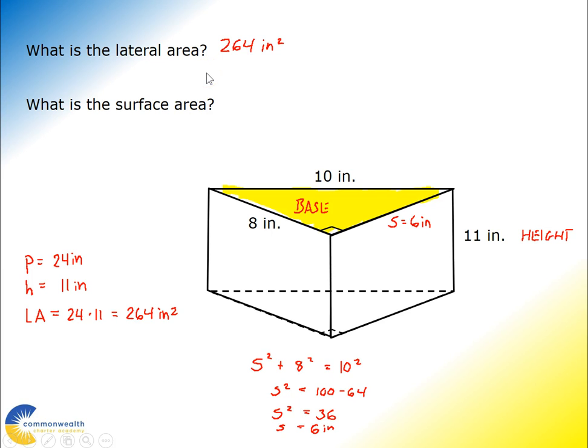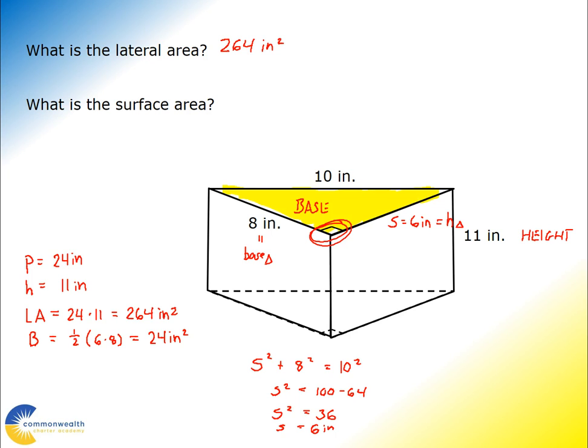Now the surface area is just going to be the lateral area plus 2 times the area of the base. So I find the area of the base, and as I said, this is a base height pairing for the triangle. It's not for the prism. I could treat 8 inches as the base of the triangle, the base of the base, if you will, and s as the height of the triangle. I could easily reverse that too. It doesn't matter for this right triangle. You still get the same calculation.